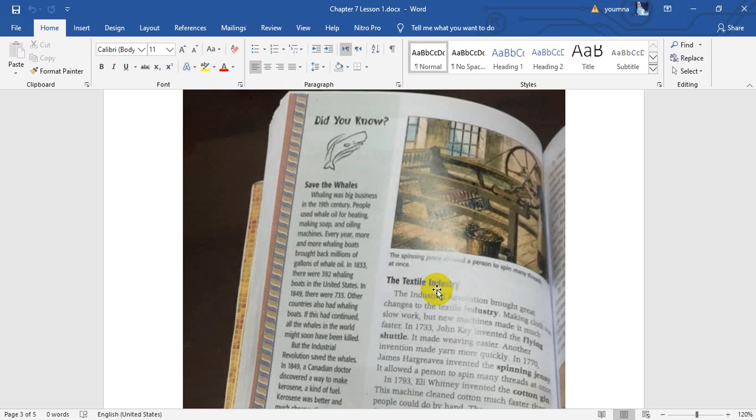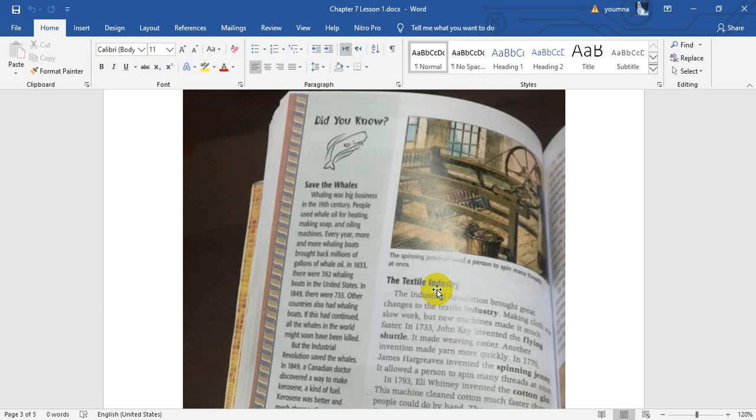More quickly, in 1770, James Hargreaves invented the spinning jenny, as you saw at the top of this page. It allowed a person to spin many threads at once, so you can do work easier and faster.